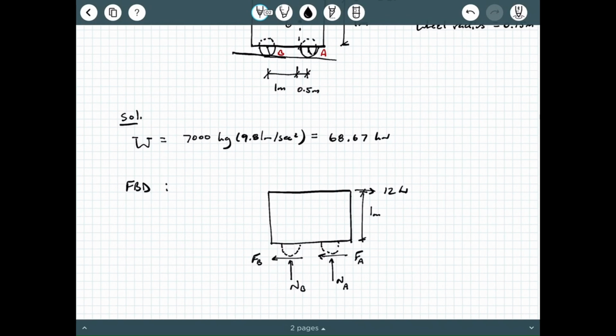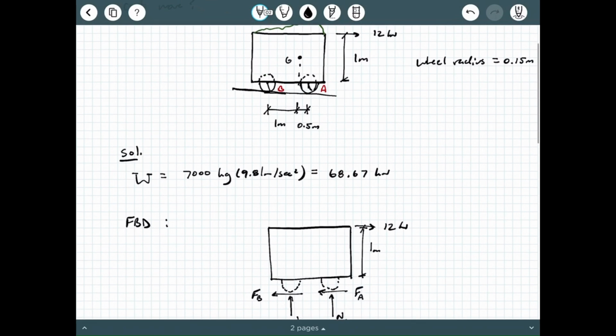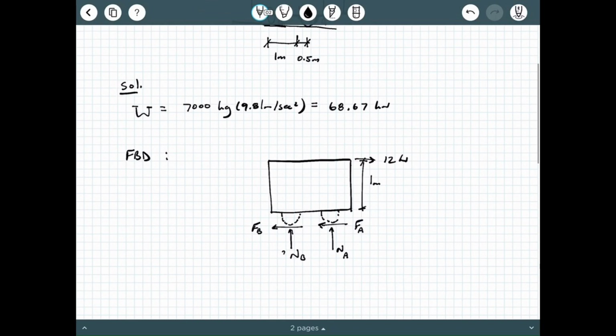Now, where you have to be careful is, think critically for a second. This is still a cart, okay? And a cart cannot be supported on 2 wheels. Even though we drew this as a 2-dimensional figure, in reality, this is going to be sitting on 4 wheels. So I'm going to put a 2 in front of all of these values here, because in reality, you don't just have 1 wheel at B, you have another wheel.